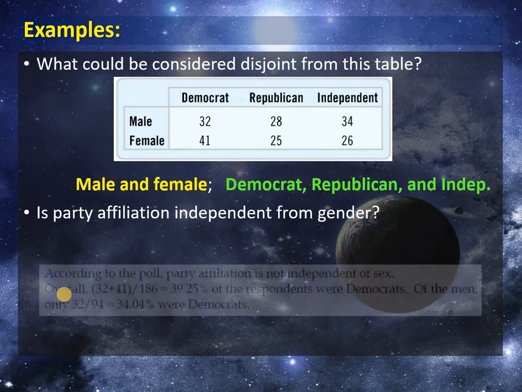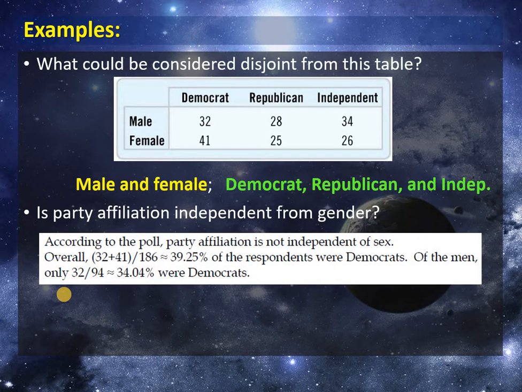So for this problem, there's a lot of different ways that you could have worked it. I would have worked this problem saying, for example, here, why don't you give me which one of your probabilities? So you did 32 divided by 94, so I'm assuming that you did male Democrat.